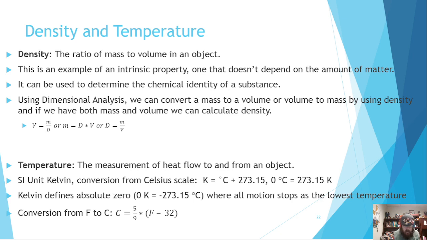Celsius is equal to 5 over 9 times, in parentheses, the Fahrenheit value minus 32. So remember, freezing point in Fahrenheit is 32. So 32 minus 32 is 0. Then 0 times 5 over 9 is still 0, because that's 0 degrees Celsius.